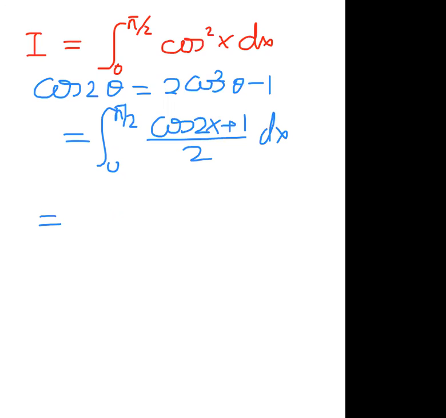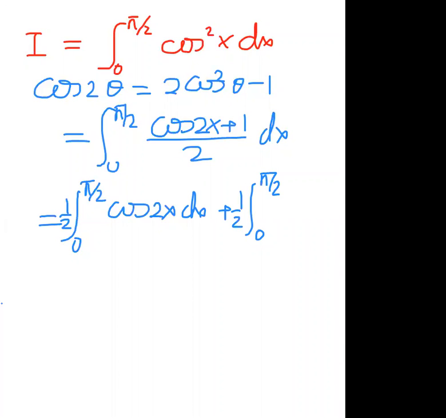We can also write it as the integral from 0 to pi by 2 of cos 2x by 2 dx plus 1 by 2 times the integral from 0 to pi by 2 of 1 dx.